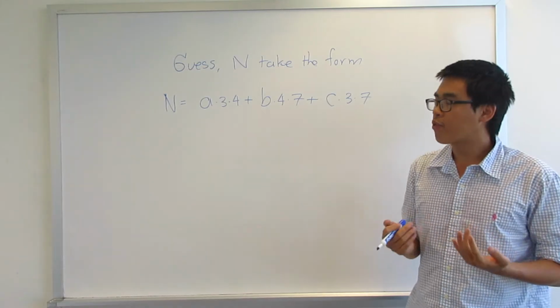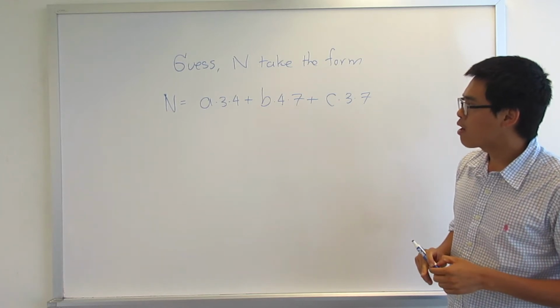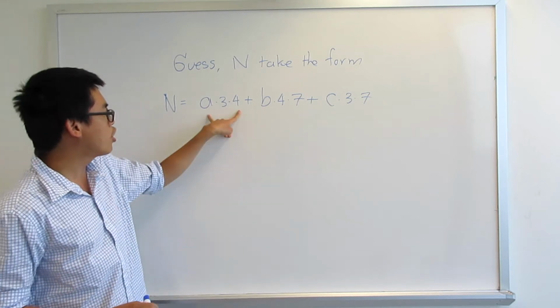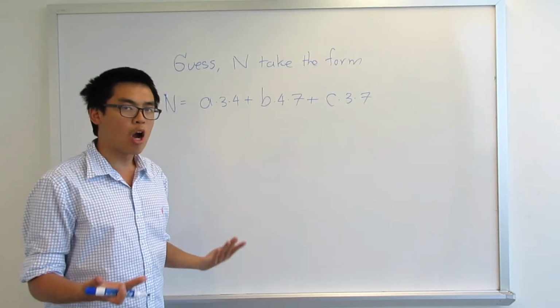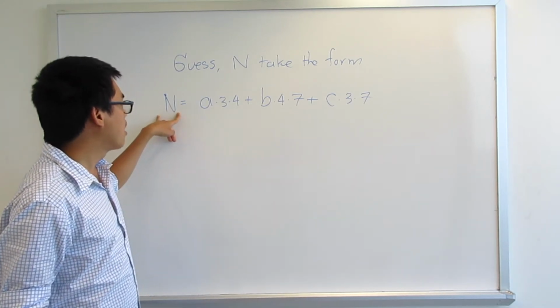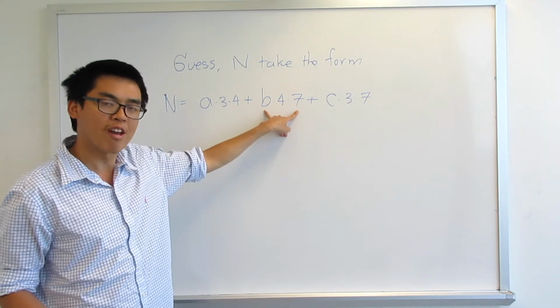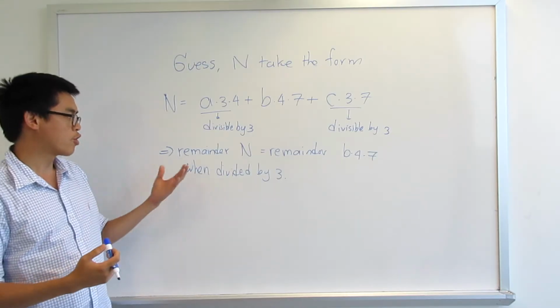Well, let's look at the 3 conditions that we want n to satisfy. So let's look at what happens when we divide n by 3. Note that this term and this term are divisible by 3. So by our main observation, the remainder of n is the same as the remainder of this term when divided by 3. Alright, so that's what we have.